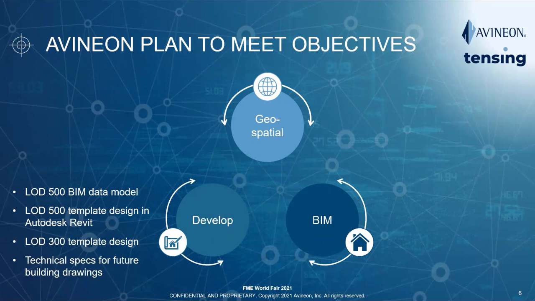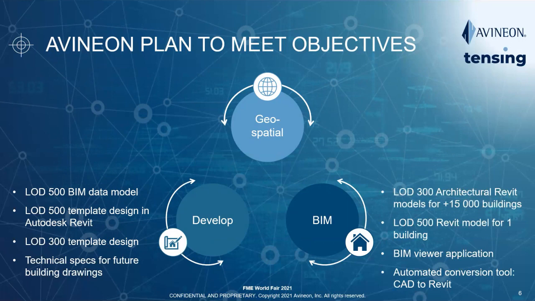As far as the BIM services, here we created the LOD 300 architectural Revit models for over 15,000 buildings using the CAD files and also PDF documents. We created LOD 500 Revit model for one building, and that building included all the MEP elements, the mechanical, electrical, and plumbing, as well as all the architectural and structural information.